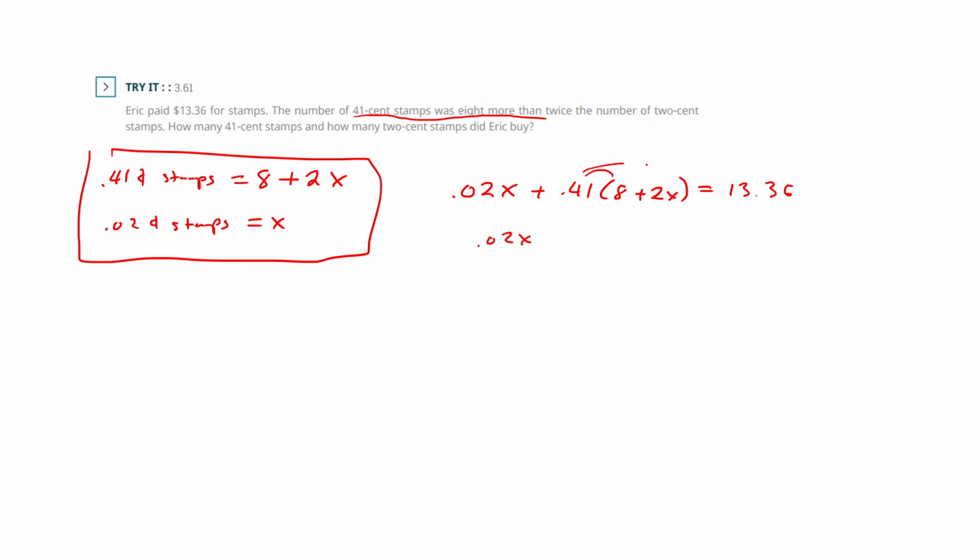Now I'm distributing. Okay, now we need to tidy up. So putting my x's together, I get this. Now we want the x alone, so we're getting rid of the 328.